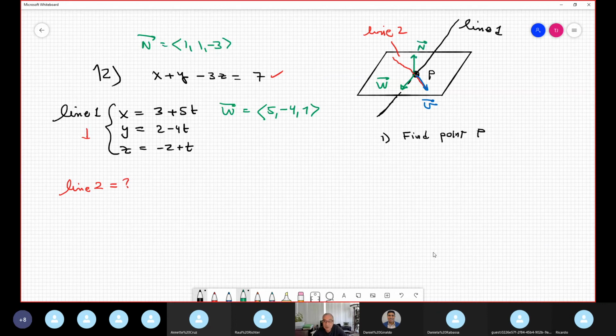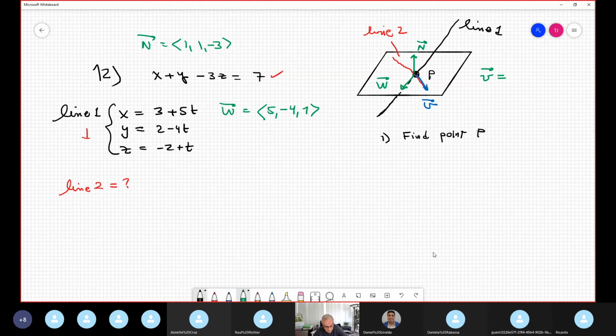I know that the problem says it's perpendicular to this line. Therefore, in order to find the B vector, I propose you perform the cross product, because I know that the cross product between two vectors is a new vector that is perpendicular to the two original vectors.